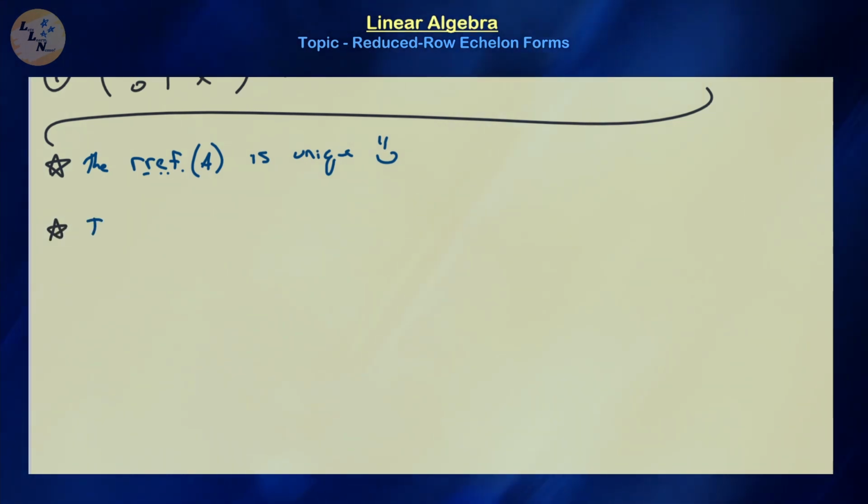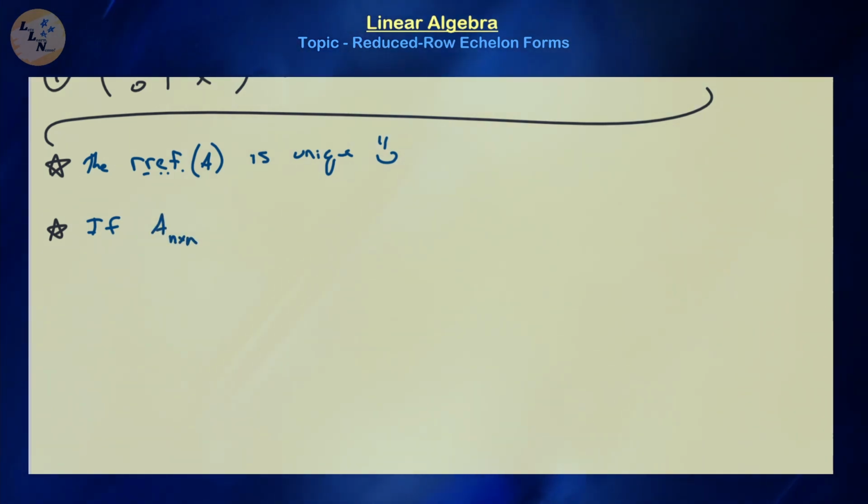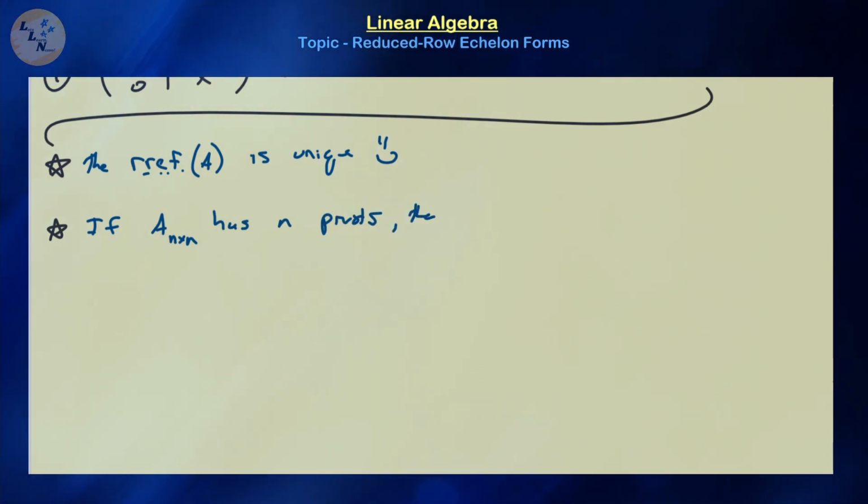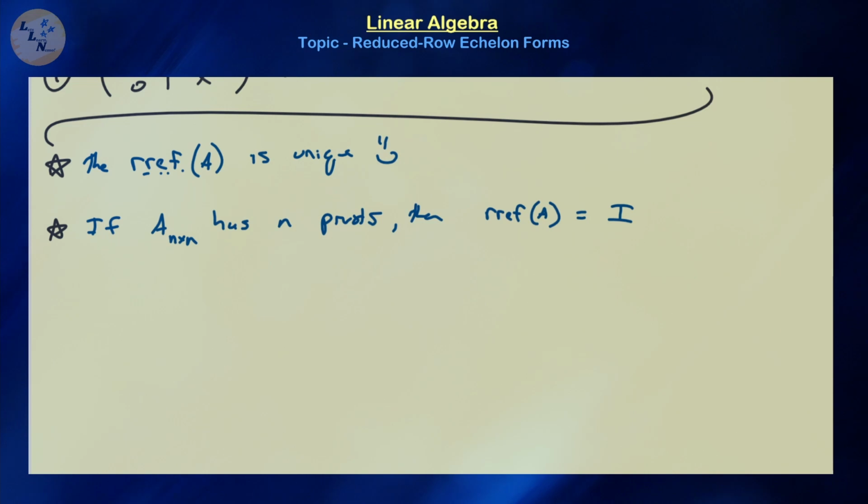Next, a very important characteristic: if A is an n by n square matrix, and let's assume it has n pivots, then the reduced row-echelon form of that square matrix is going to be equal to the identity matrix. You may want to think about why that is, and maybe even give a proof if you have the ability to.